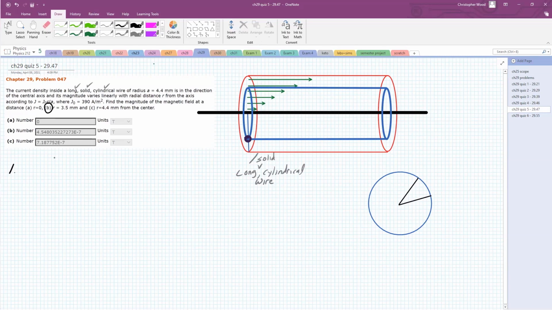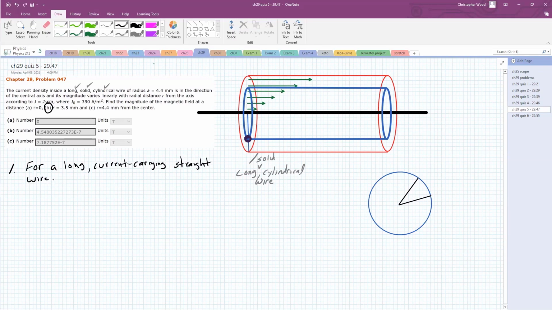Find the magnitude of the magnetic field. In general, for a long current carrying straight wire, the following is true.